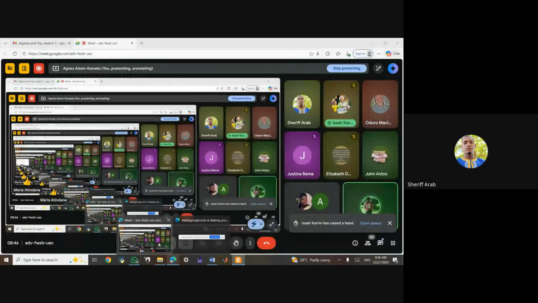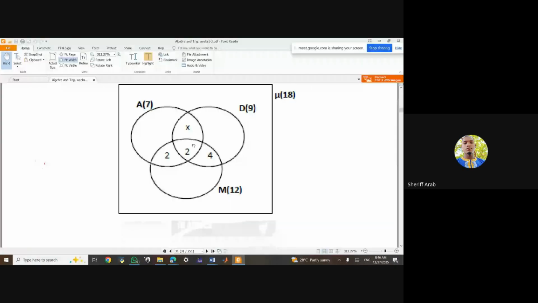I think for the exactly 2, we are talking about the x, which is 0, plus the A intersection D complement intersection M, which is 2, and then A complement intersection D intersection M, which is 4. So we add the x, which is 0, and the 2 and the 4. We'll get the exactly 2.